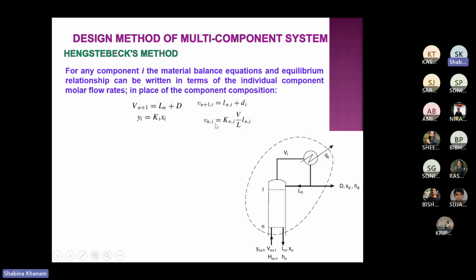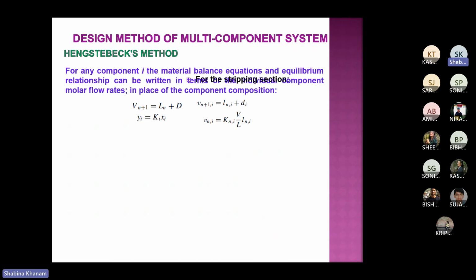So that vni is equal to Kni, and this V will be available over here, so that we have taken V by L, ni. So this would be X, and this divided by this V should be Y. You understand that? So this is the assumption based on which Henstebeck's method works, and this is for the rectification section.